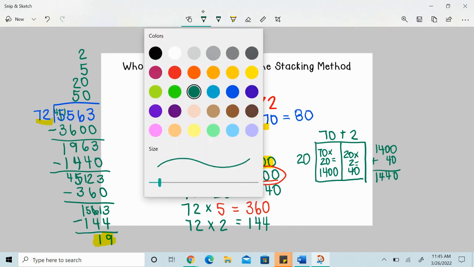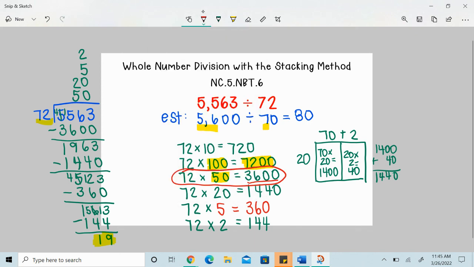So my next step in the stacking method, it's very similar to the area model, is I need to look back at all of these partial quotients and add them together to determine the total quotient. Some of you may be able to do that mentally with just having them stacked up like they are. Some of you may find it easier to write them over to the side and add them. Whatever works best for you is fine.